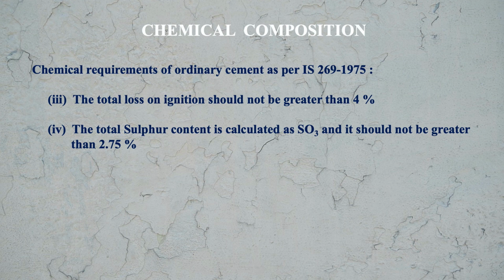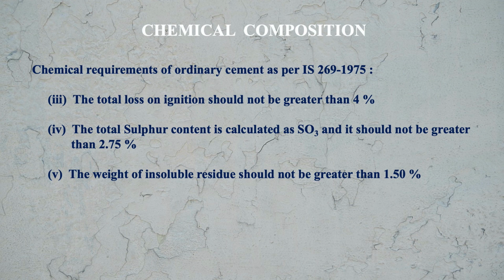Next requirement as per this code is that the weight of insoluble residue in cement should not be greater than 1.5%. Another requirement is the weight of magnesia should not exceed 5%. So these are the requirements as per the BIS code.